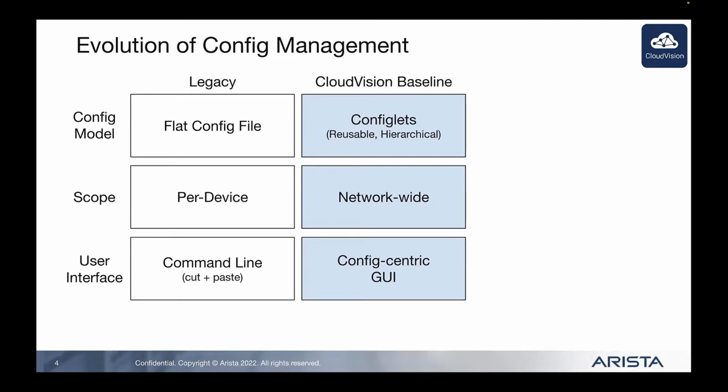Now you're not doing it at the CLI anymore, you're doing it at CloudVision, where you edit a file, and CloudVision automatically knows how many devices that piece of configuration is applied to, and it tells you, hey, you're making this change on 20 devices. Do you want to go ahead, right? So you get a consistent way to replicate these changes across devices in your network.